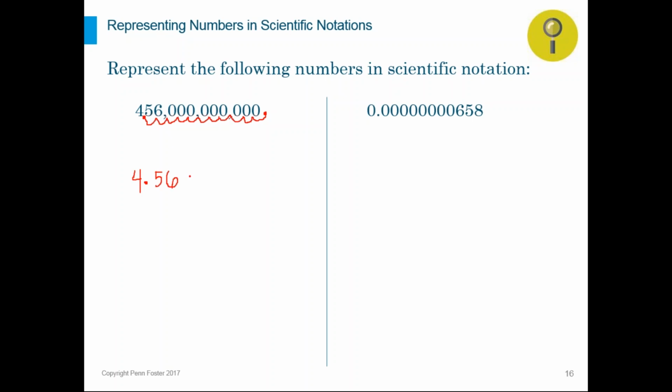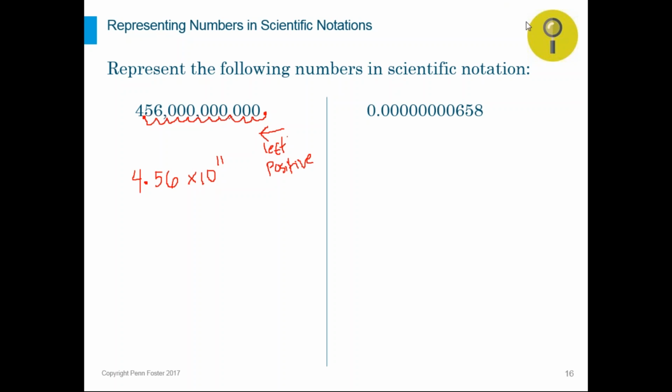And then here's the new part, times 10. How many places did we move the decimal point to the left? 11, to the 11th power. That would be the scientific notation for this huge number. So I moved to the left, and I needed to write the power as a positive number. So it's positive 11, not negative 11.